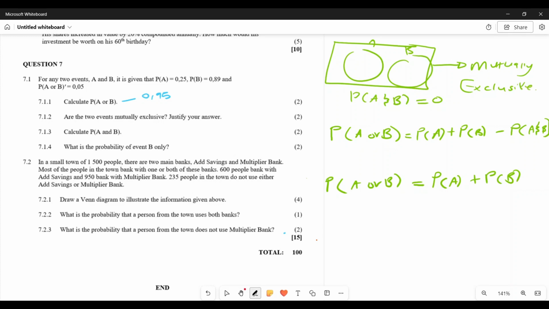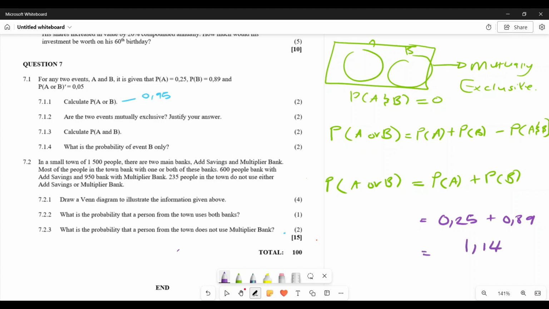Right. Our probability of A or B, we calculated, is 0.95. Now let me add my probability of A and probability of B. My probability of A is 0.25 and the probability of B is 0.89. When I add these two, 0.25 plus 0.89, their total is equal to 1.14.